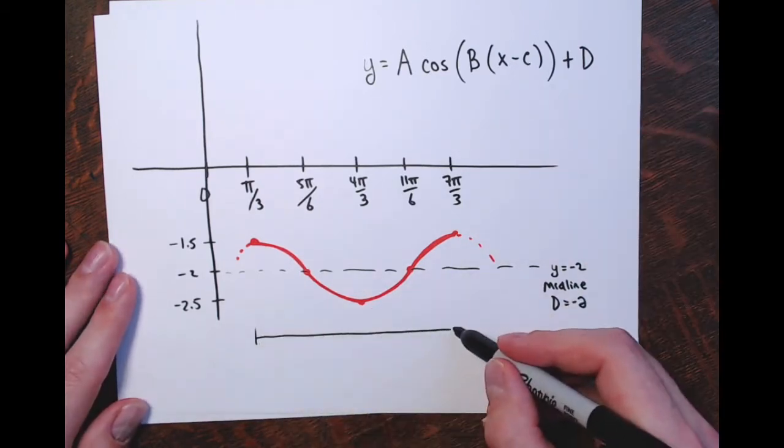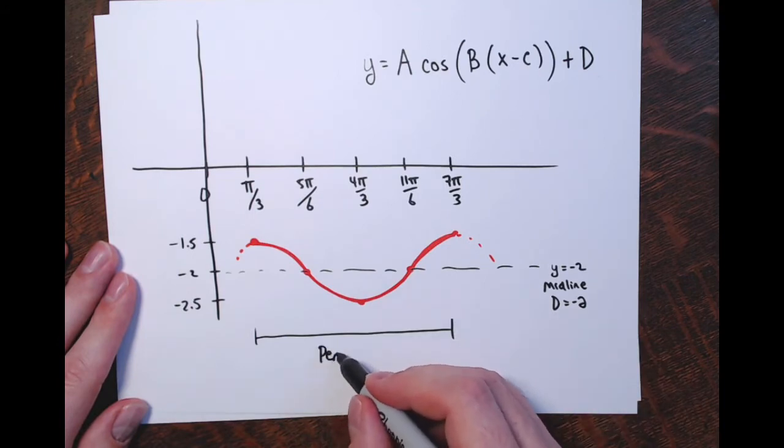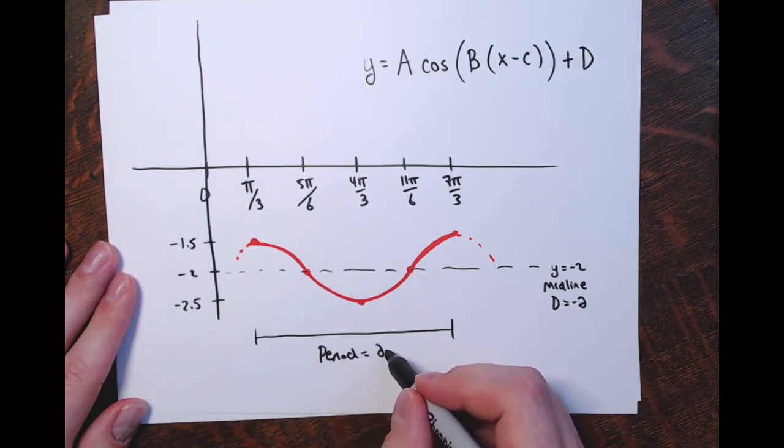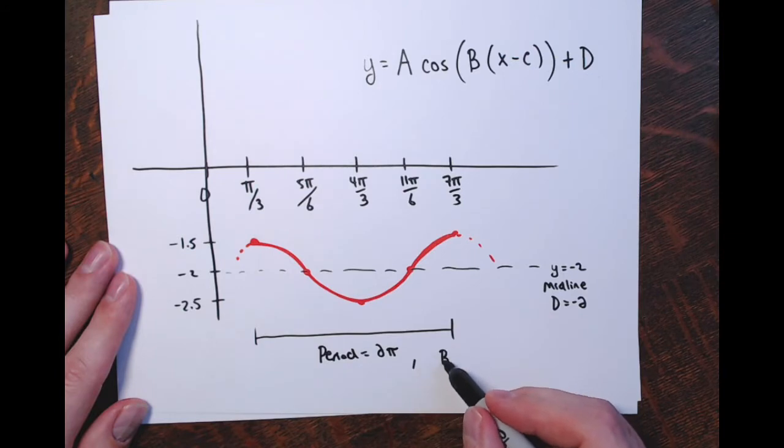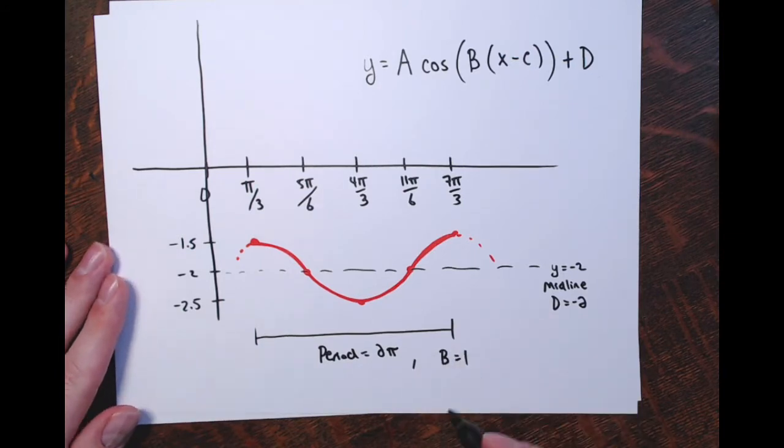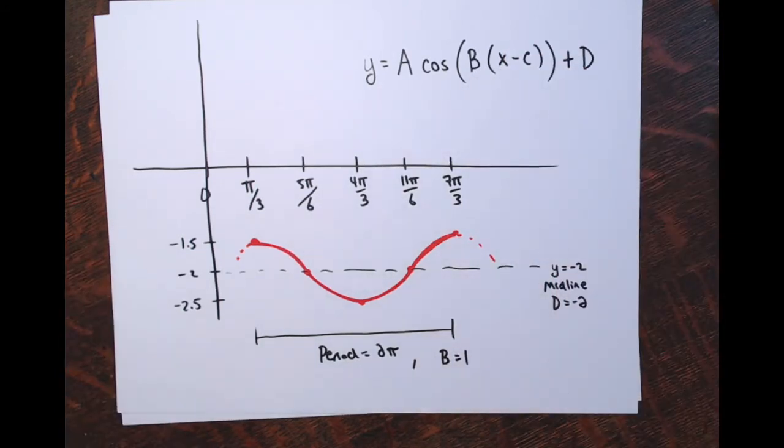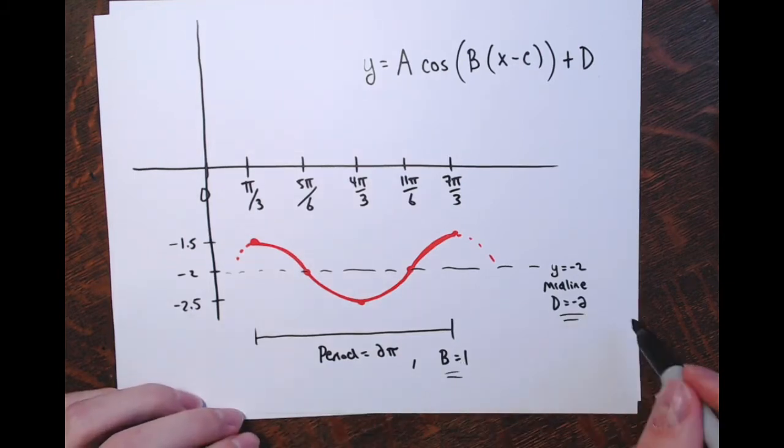I already said the period. The length of this one cycle is 2 pi. So b equals 1, because remember, the period is 2 pi divided by b. Well, this is 2 pi divided by 1. So b equals 1. D equals negative 2.